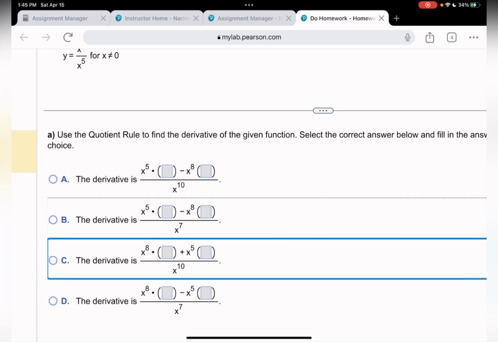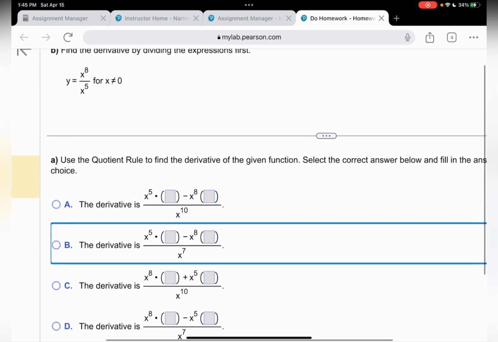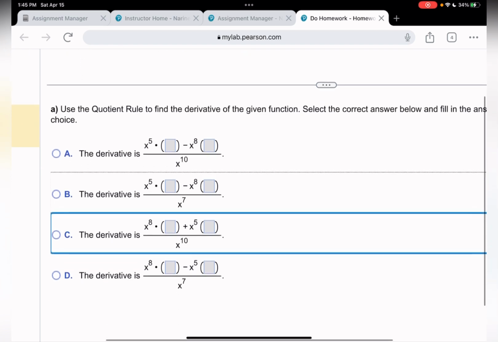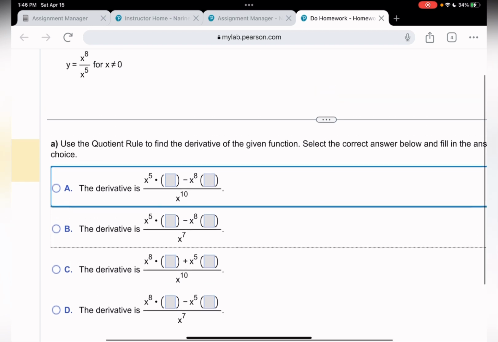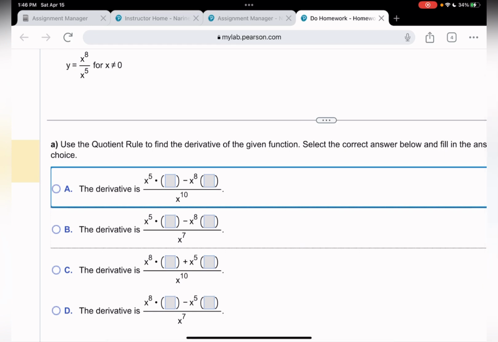So first we take the derivative of x to 8. You can't take the first derivative of the denominator. It's going to be the derivative of x to 8, because we have x to 8 prime times x to 5.